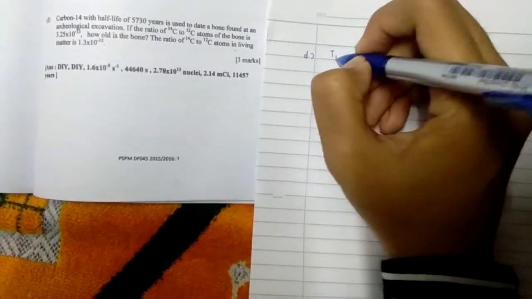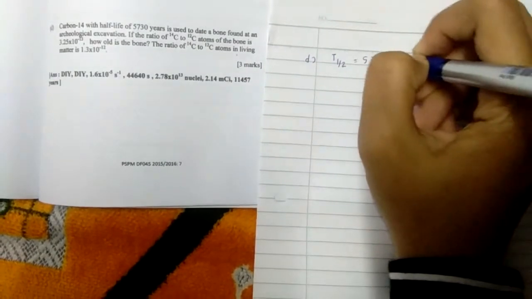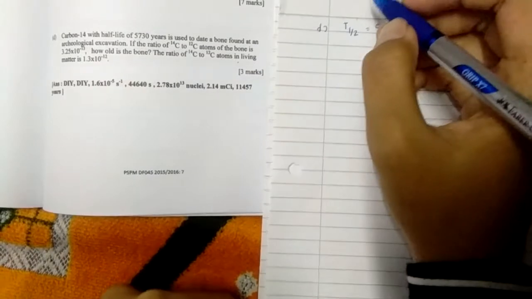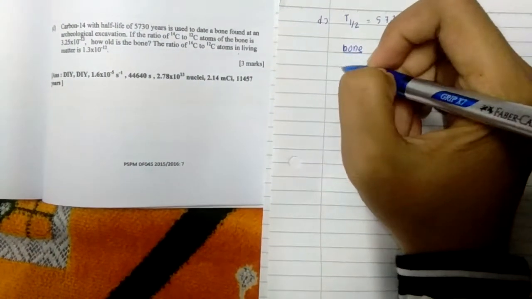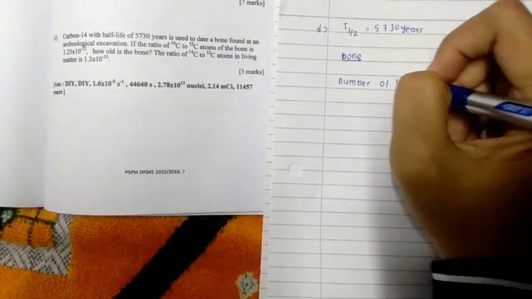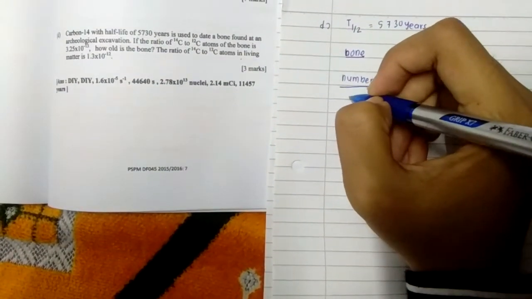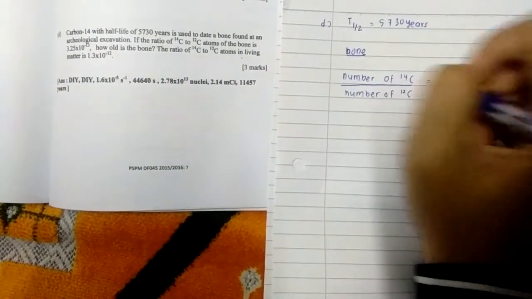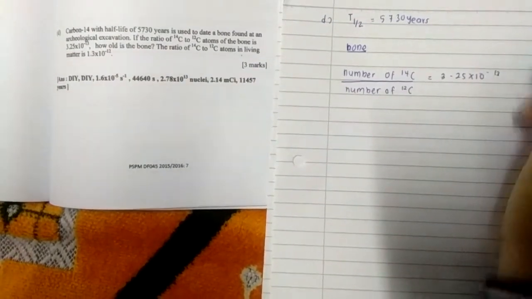Given half-life equal to 5,730 years. Given the ratio for bone, the ratio of the number of carbon-14 to the number of carbon-12 is 3.25 times 10 to the negative 13.